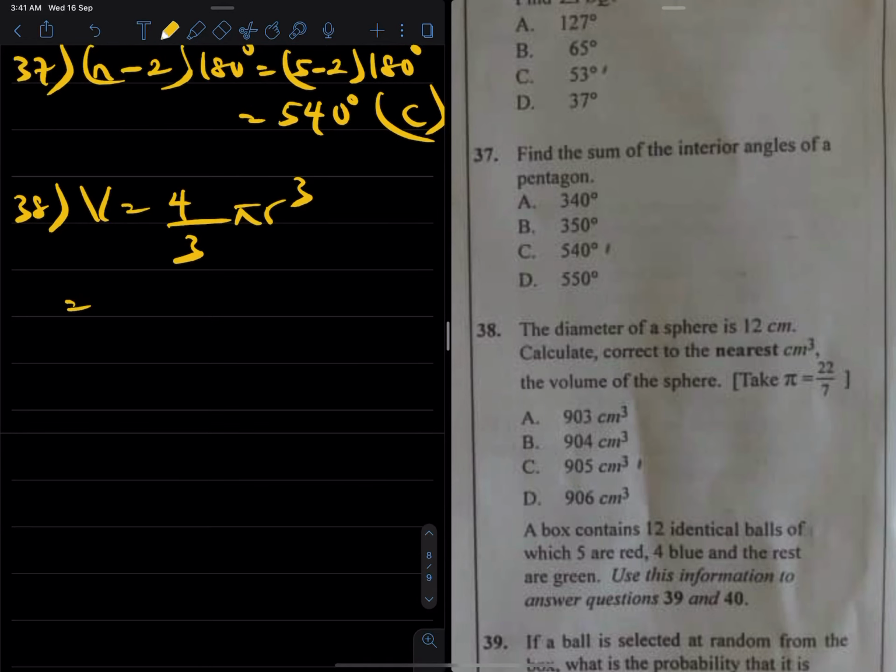That simply means 4 over 3 times pi, which is 22 over 7, times r cubed. The diameter is 12, which means the radius is 6. So times 6 cubed. And that gives 4 times 22 times 6 cubed divided by 3 times 7, which is 21.